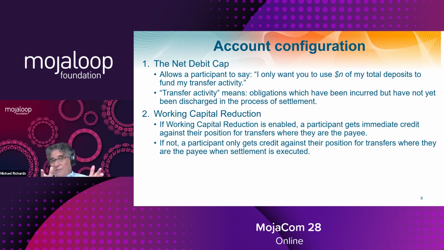Or the scheme might want to say, no, they can't use them until the process of settlement happens and those funds are actually available to them to use. So we need to take into account in our accounting both of those 2 parts of account configuration. And we are proceeding with the assumption that both of those things can be set or not set at the participant level. They don't have to be set at the scheme level necessarily, though they might be.